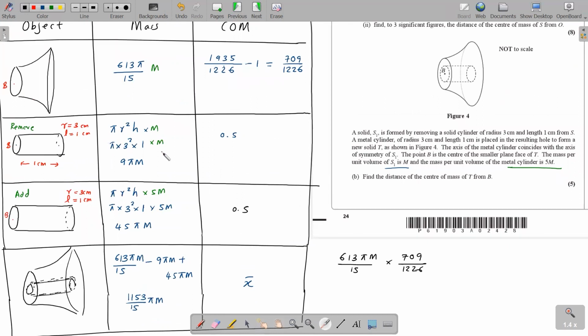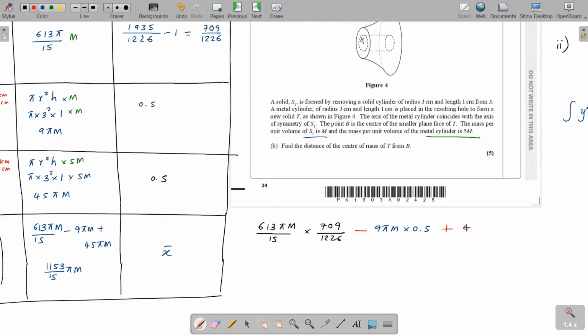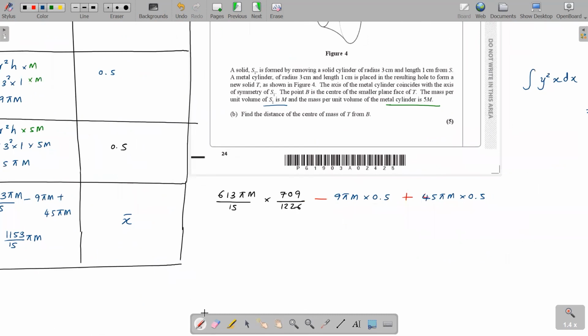This, the cylinder that you are removing, the mass times center of mass is what? Is it addition or subtraction? It's a subtraction. So minus 9 pi m multiplied by 0.5. The other one, 45 pi m and 0.5, is the addition. 45 pi m into 0.5, and then this is equal to the total mass, right? 1153 pi m over 15 into x bar.